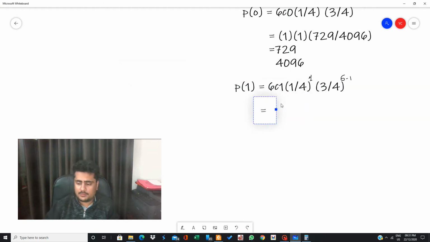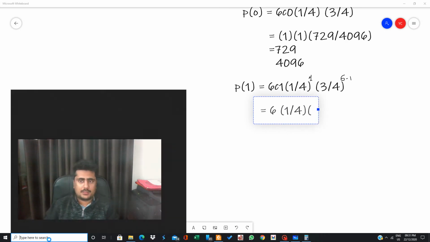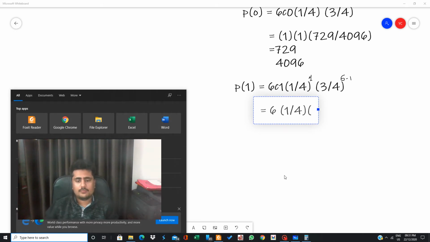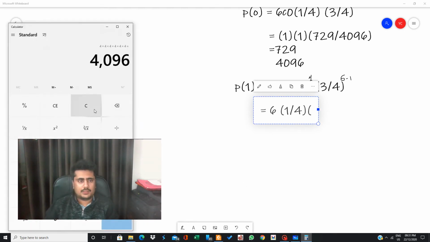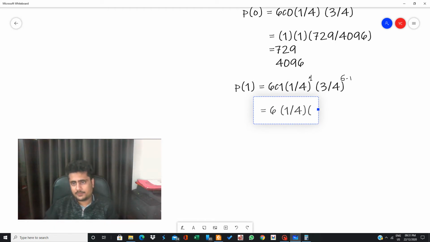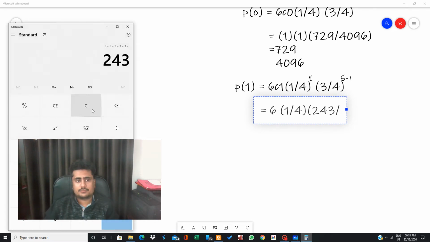So 6C1 is basically 6. 1/4 raised to 1 is 1/4. 3/4 raised to 6 minus 1, so it's 3/4 raised to 5 basically. So let us do 3 to the power 5, it's 243, upon 4 to the power 5, it's 1024.